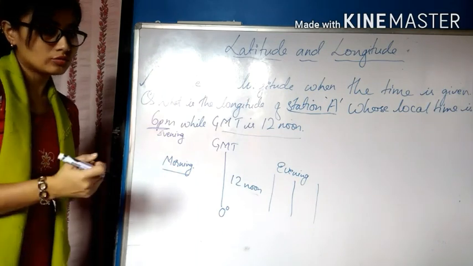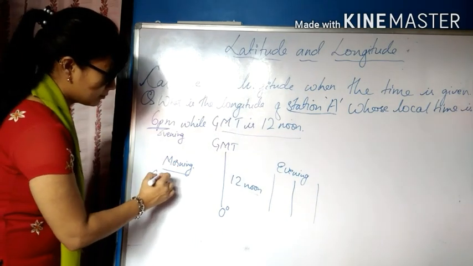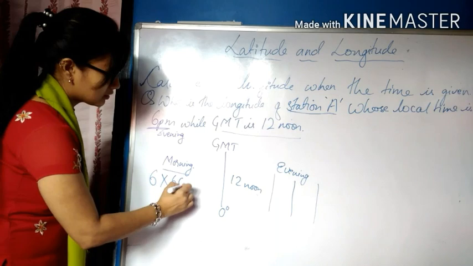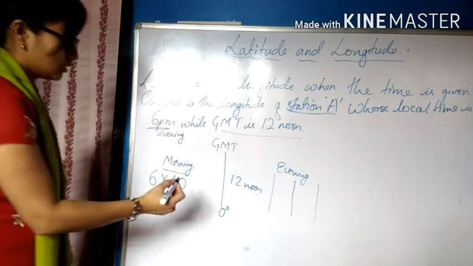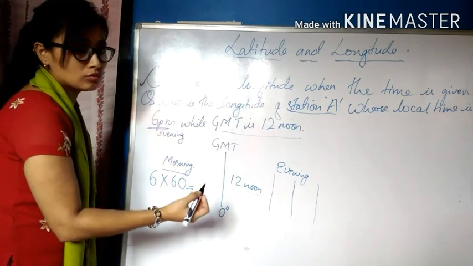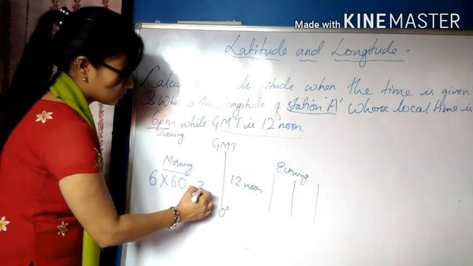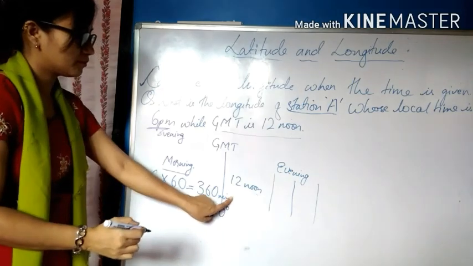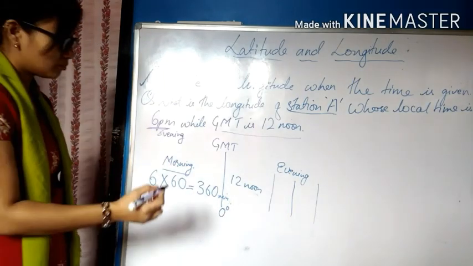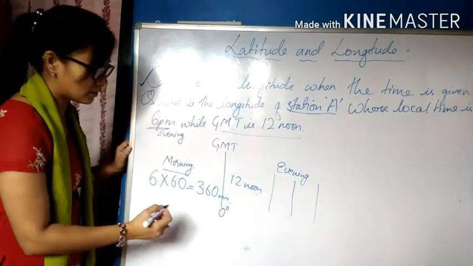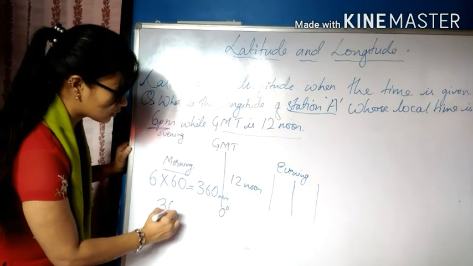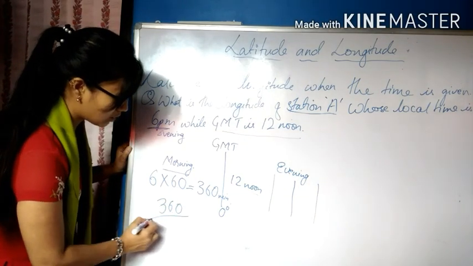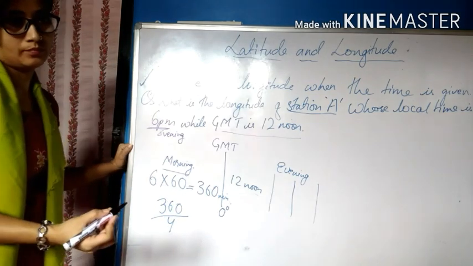Now what we have to do, take this 6 PM and multiply with 60 to convert it into minutes. So 6 times 60 is 360 minutes. After converting into minutes, now divide by 4.